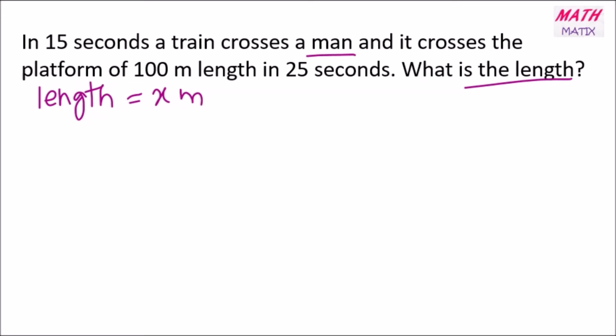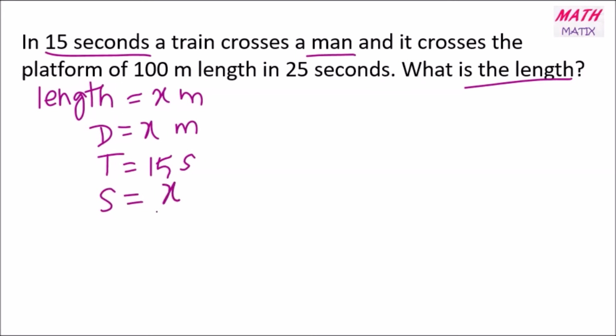We know if a train crosses a man, the distance traveled is the length of the train. So d here is x meters and time is 15 seconds. We know speed is equal to distance by time, so x by 15 meters per second.